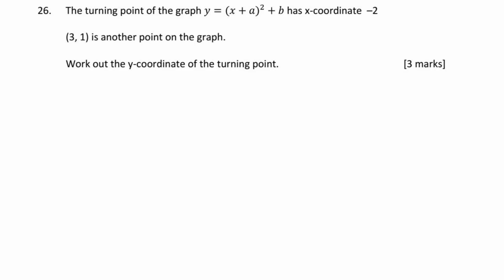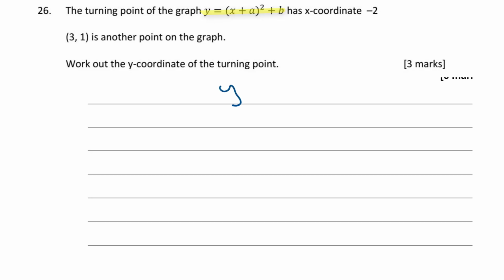Okay, so this equation has been given in completed square form, hasn't it? Or partially completed square form, because we don't know what a and b are. But we've been given a bit of the information here. Now, if I've got an equation given in completed square form like this, then it is at its minimum value when the bit in the bracket is equal to 0.